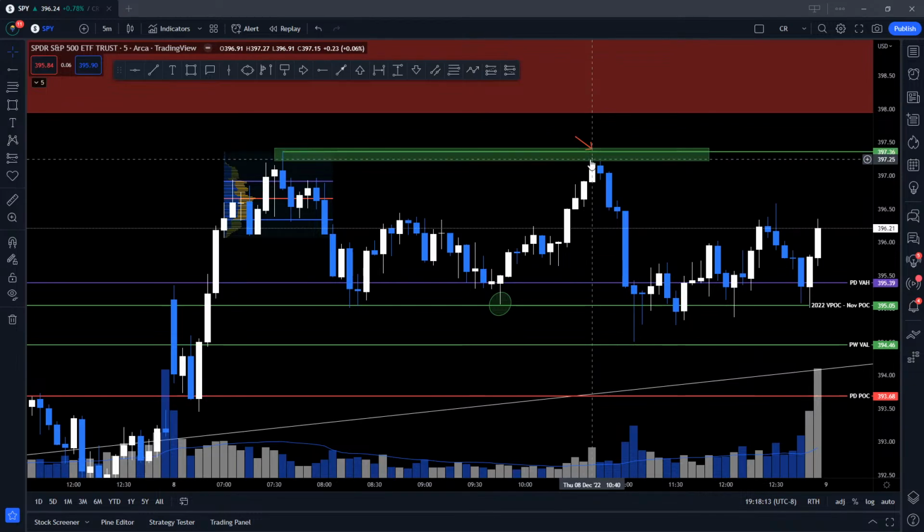As far as your entry, we really want it to come exactly to this level, but rarely are they going to give it to us exactly. So we have to be willing to take a range. Basically, as soon as price crossed into this green box, we have to be okay entering early, anticipating that it might come to here and might even go past it a little bit before we get the move that we're looking for.